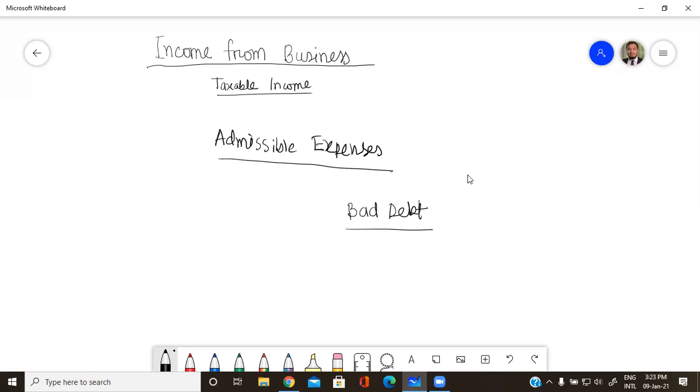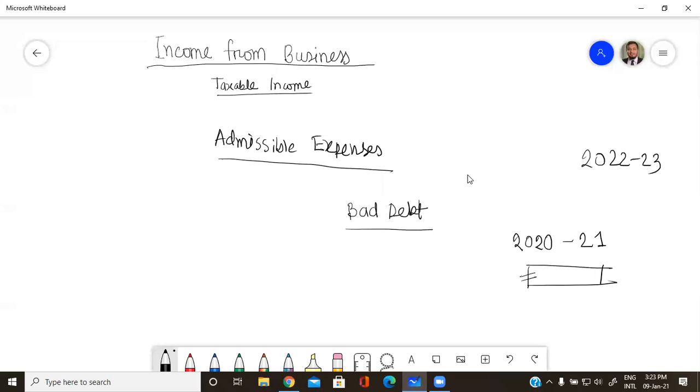And say right now we are in income year 2020-21. Okay. If you believe that this particular amount will be recovered, but later, say 2022-23, you realize that this amount of receivables, which you believed as recoverable, has actually appeared to be a kind of bad debt, it will not be recoverable.